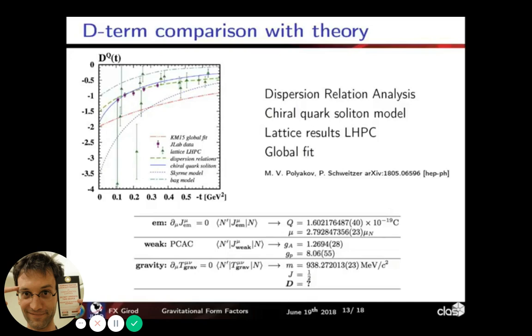So our points here appear in purple, and you can see, again, a curve that corresponds to the dispersion analysis, compared to other analyses: the global fit by Krasimir Kumerički and Dieter Müller, the version of 2015, but also some lattice points, as well as a chiral quark-soliton model. And again, if you look into this publication, there is a table that sets this new quantity on the same footing as the angular momentum, the mass, or the electric charge.